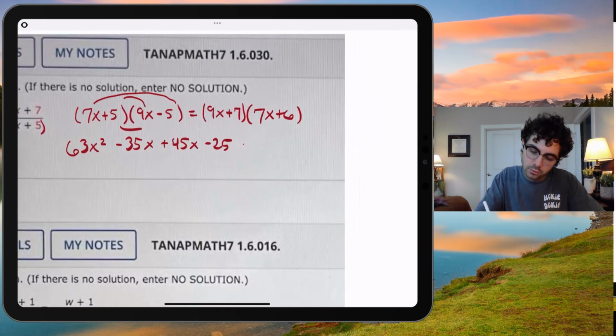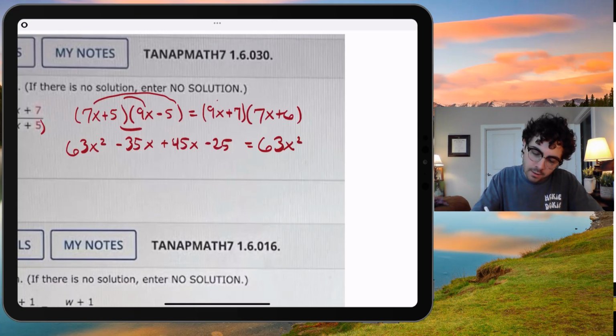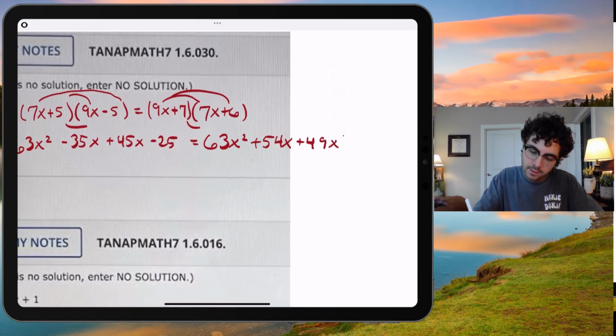And then equals, oh, that's lovely, 9x times 7x, 63x squared. 9 times 6, 54, x. 7 times 7, 49, x. 7 times 6, 42.